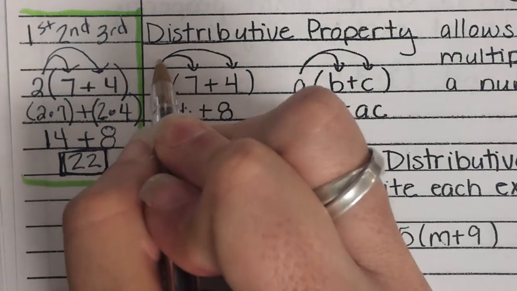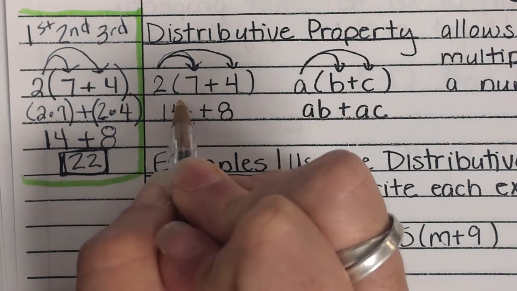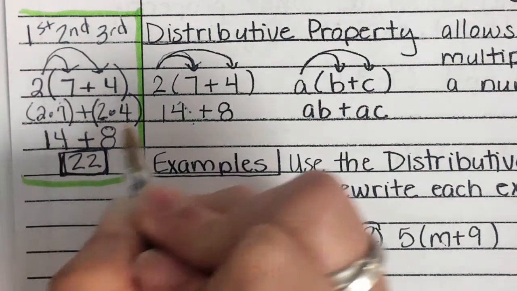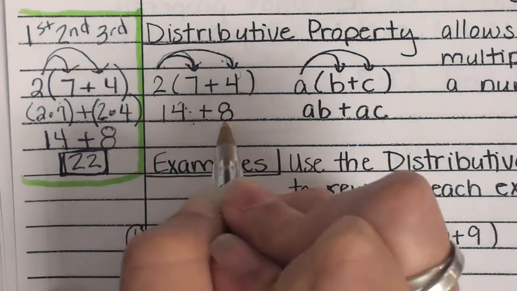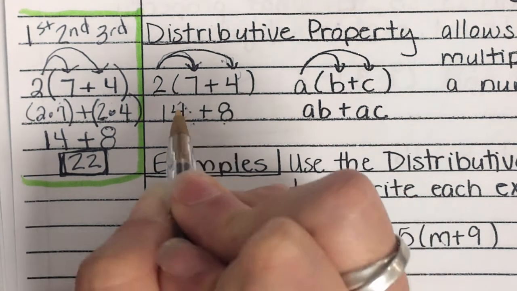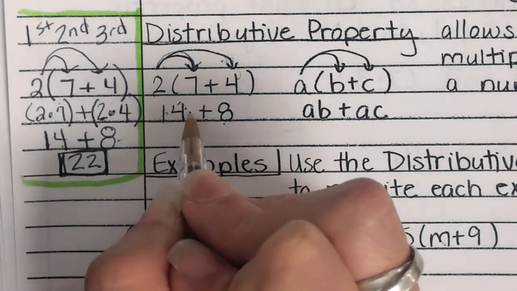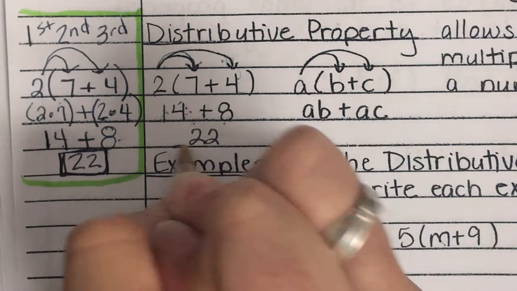So they show this arrow, 2 times 7, and they're allowed to go ahead and put 14. It's kind of like they skip a step. Then they draw the next arrow. They put the plus, and they do 2 times 4 is 8. Notice, all it is, they skip this step. 14 plus 8 is still 22.